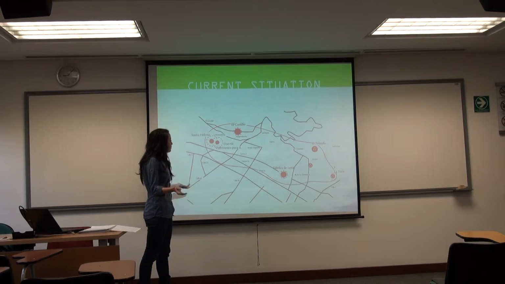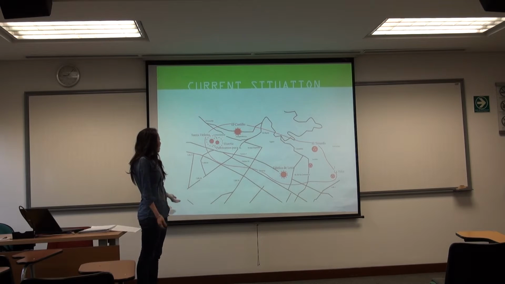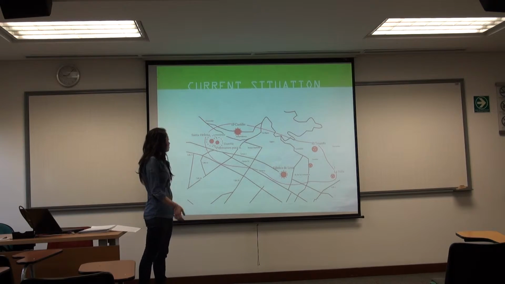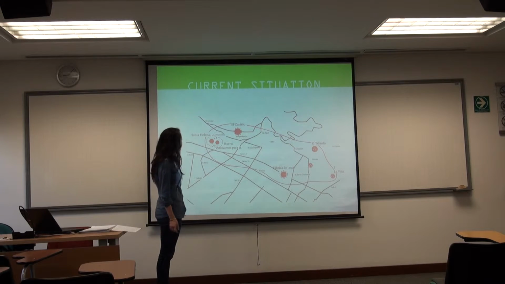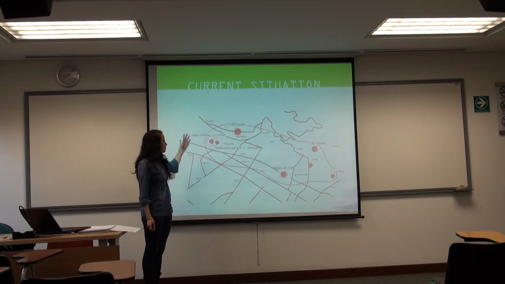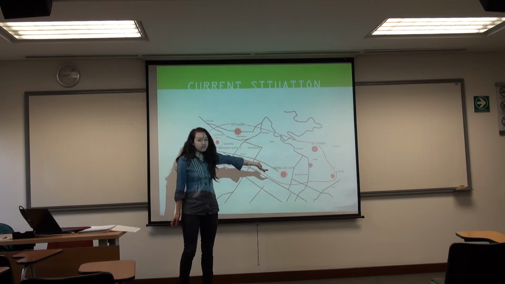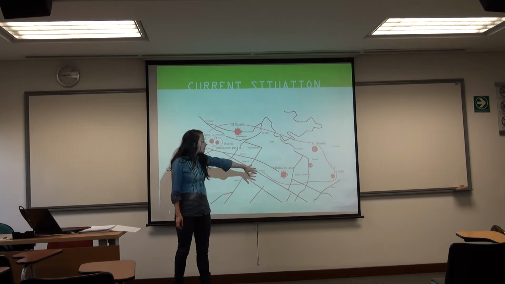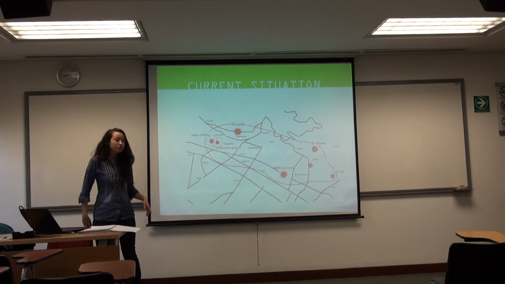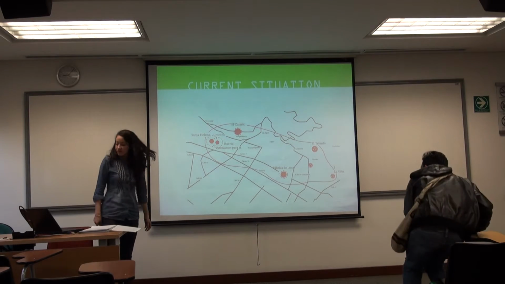But the problem that they have is that they are so far away from each other. For example, here is the orchard of Elena, and she doesn't know the orchard of the part in Laches or something like that. So that's the problem they have now.